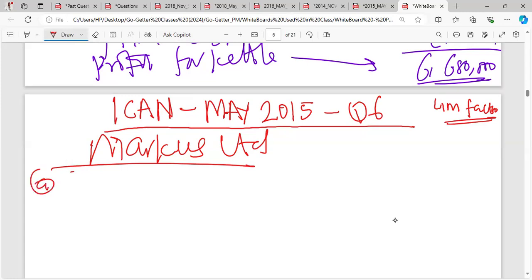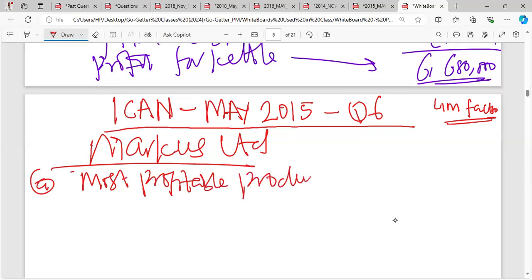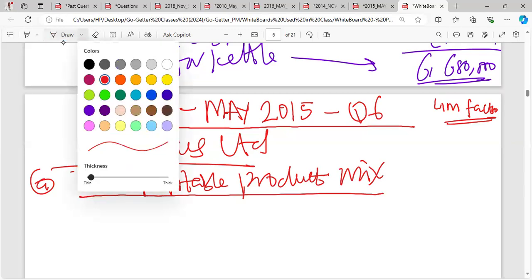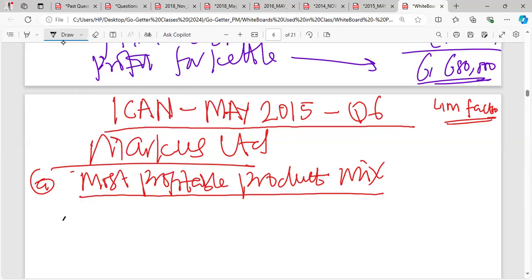The A part, most profitable product mix. So this is what we are looking for, most profitable product mix. All right, so how do we get our most profitable product mix?